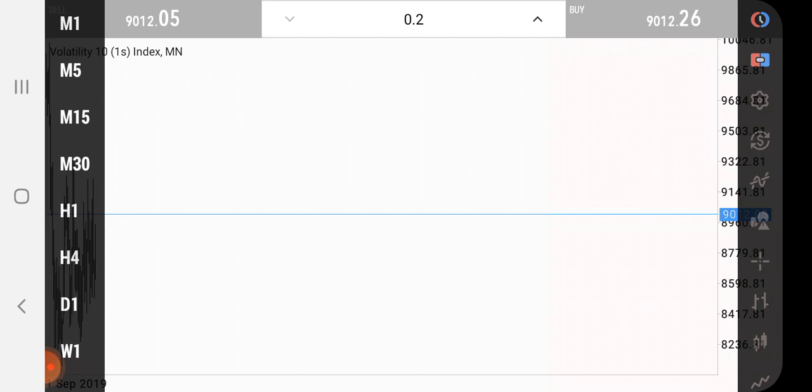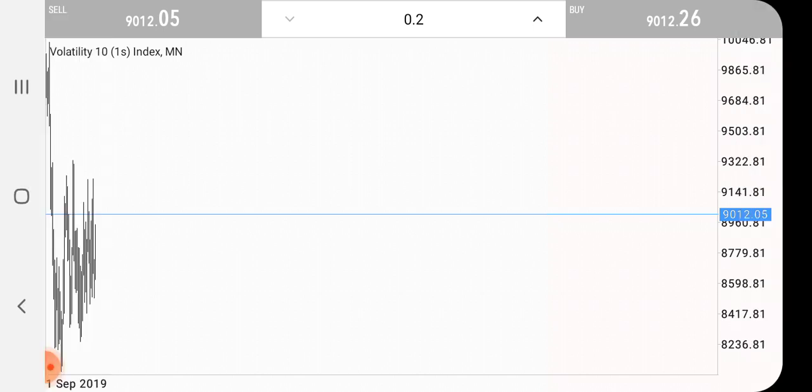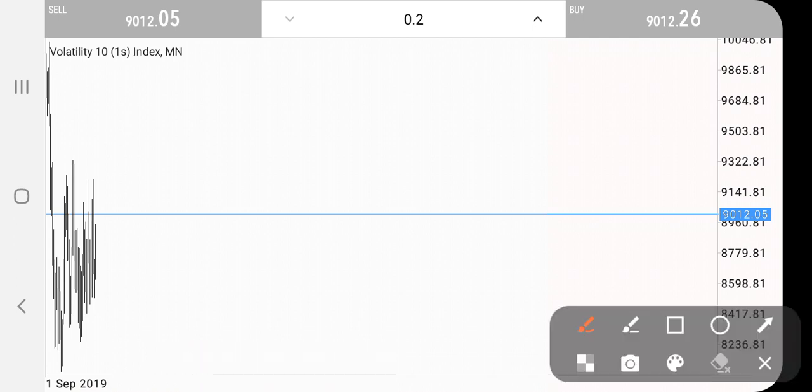First of all, we have this type of trend, which is called the downtrend. A downtrend consists of lower highs and lower lows.